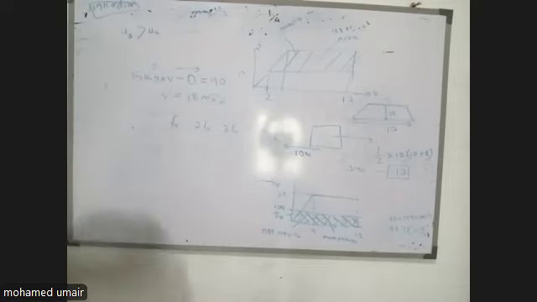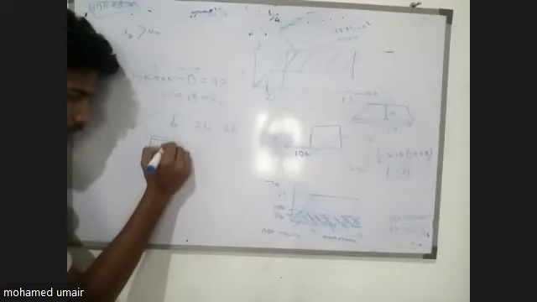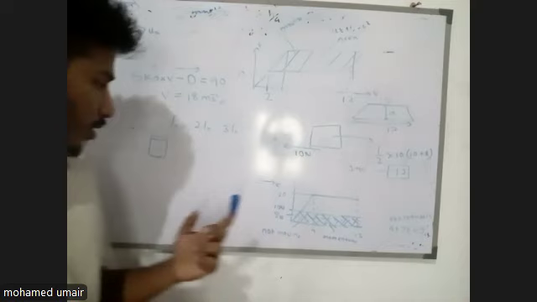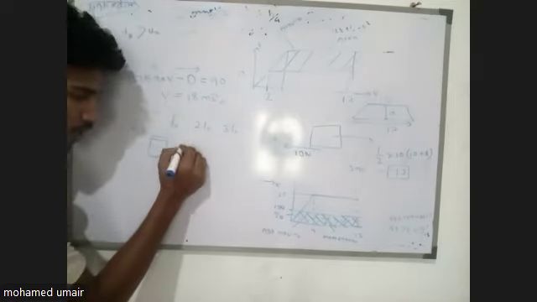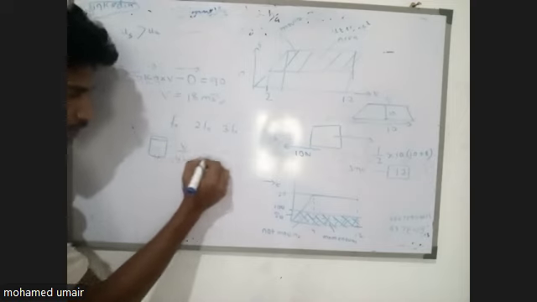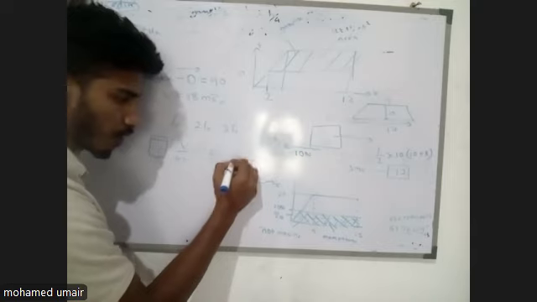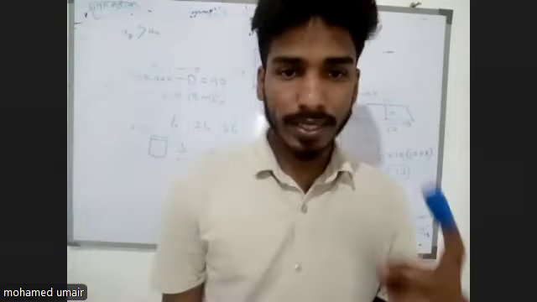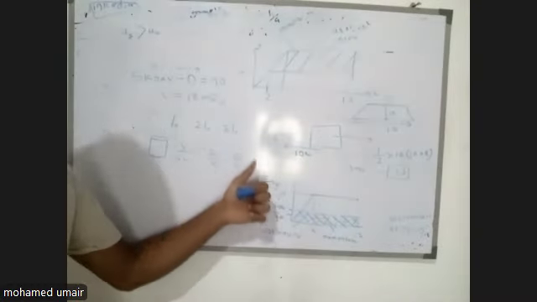And for the tubes, if it is open at one end, you can see the pattern. Fundamental frequency will be V over 4L. Then it will be 3V over 4L. Then it will be 5V over 4L, and so on. So you can see the pattern here: it is 1, 3, 5.